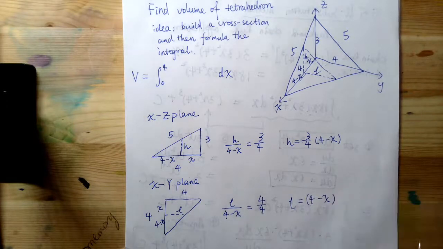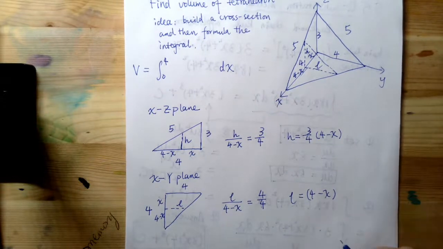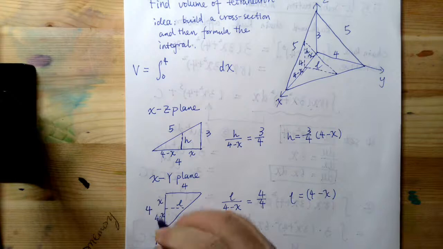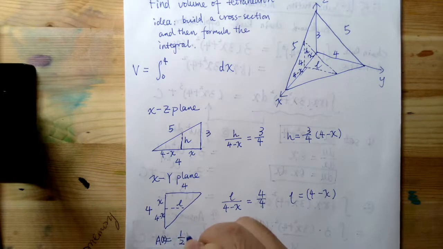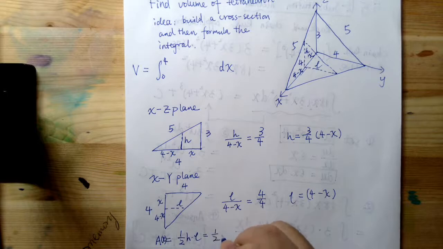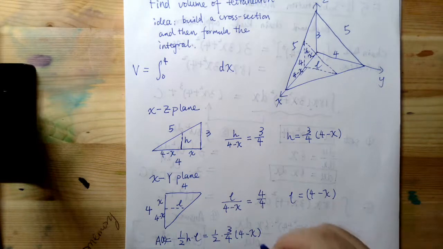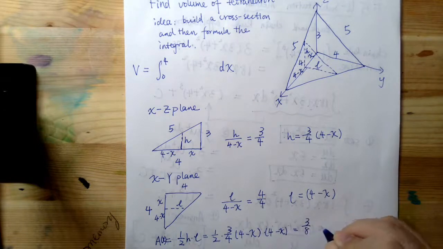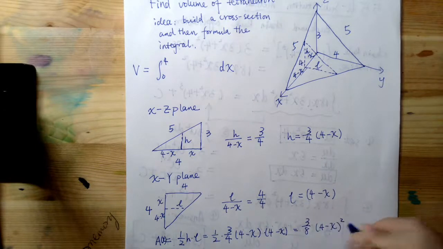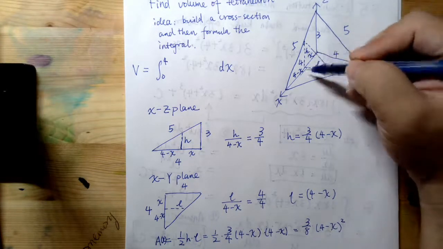Okay. And with this, you can see that the area for my cross section is 1 over 2, right, height times L, which is 1 over 2 times 3 over 4 times 4 minus x, and then times 4 minus x. It turns out to be 3 over 8 times 4 minus x squared. So this is the area for the cross section.